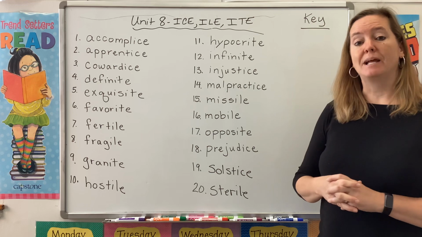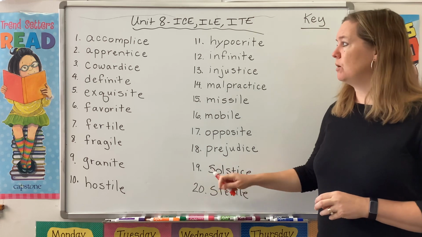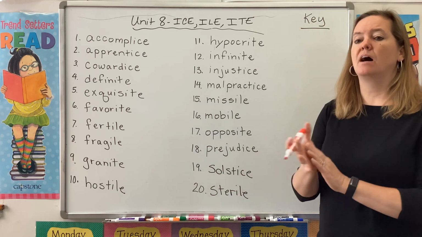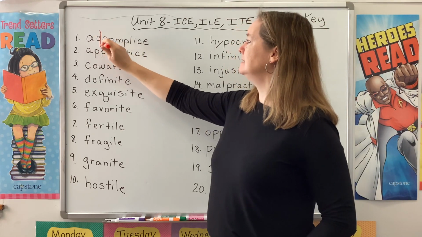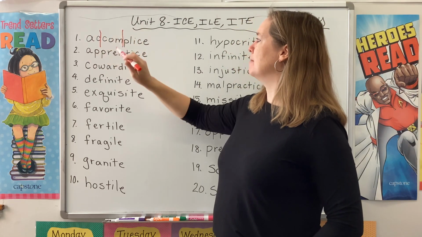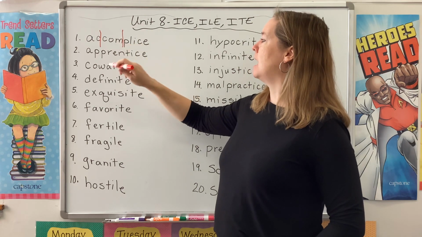Let's break them into syllables, as we always do, starting with accomplice. We're going to slice between the C's and after the M, accomplice.